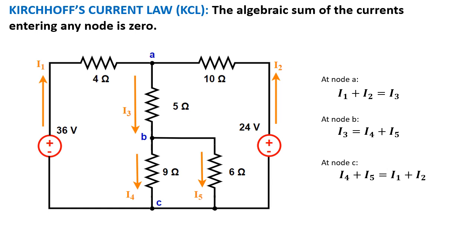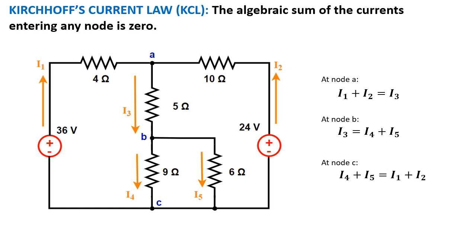This part right here can be considered just one node because there is no element in between these two. Now this node C has four currents involved. We have I4, I5, I1, and I2. If we apply Kirchhoff's current law to these three nodes, the result is right here on your screen.